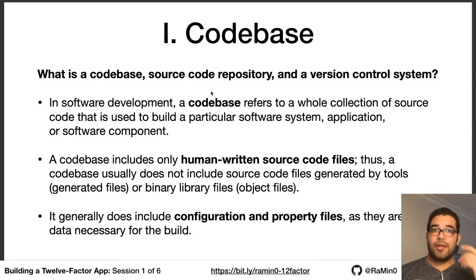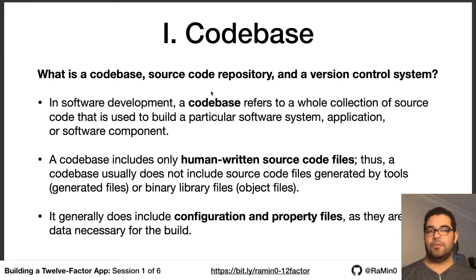So in software development, a codebase basically refers to a bunch of source code files that is written to build a certain software system or app. And a codebase includes only human written source code files. So if you have binaries or tools or something that are related to your project or app, you should not include them in your repo.